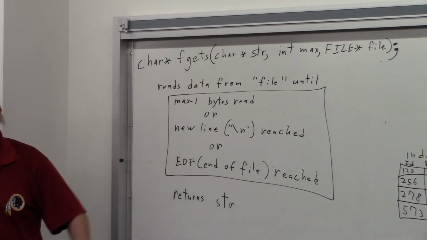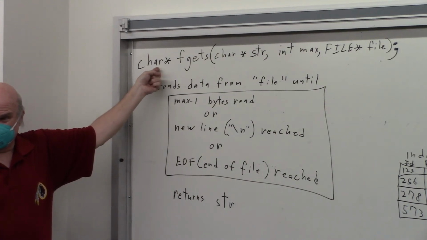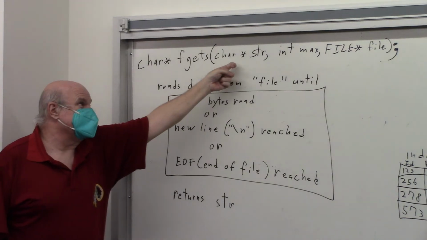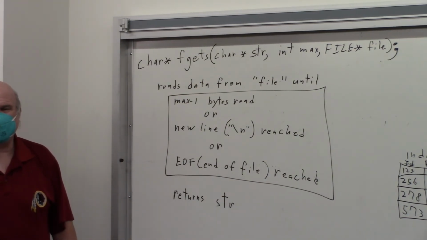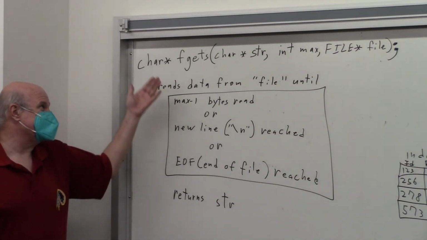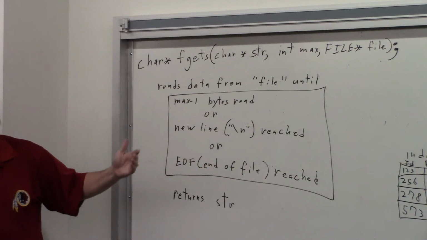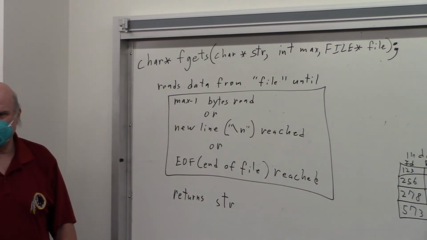We'll get to it in other contexts. It returns a character pointer. The character pointer it returns is simply the character pointer you sent in. When you get deeper into programming, you'll understand why that ends up being a bit of a convenience. But for these purposes, it won't be. Just know that's what it returns.